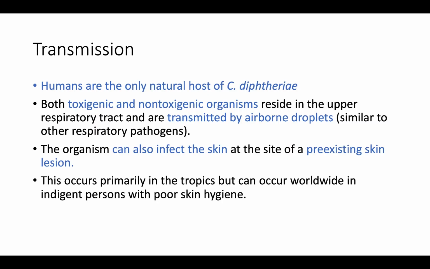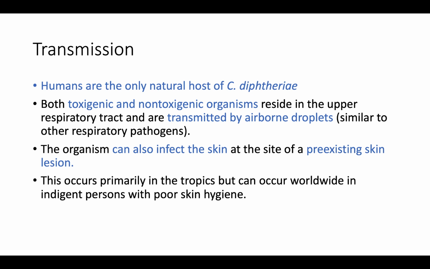Transmission: humans are the only natural host of diphtheria. So a person who has it will give it to others. How? With respiratory droplets. Both toxigenic and non-toxigenic organisms reside in the upper pharynx and the respiratory tract of the patient, and then by coughing and other mechanisms, these droplets can be transmitted to other people.